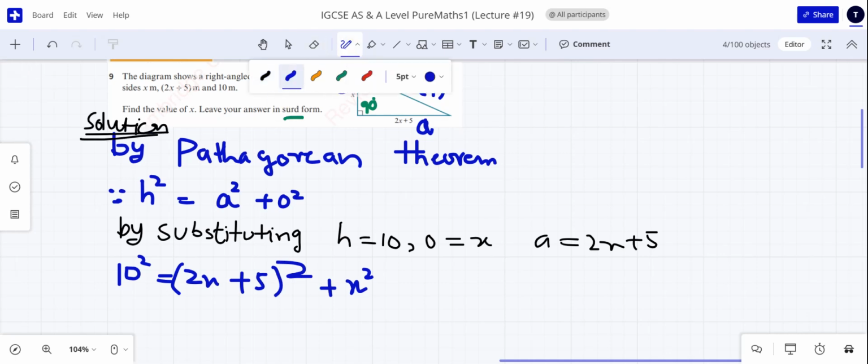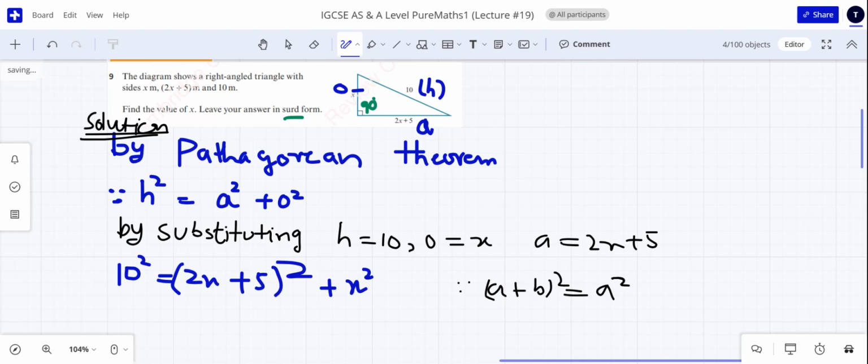Here we will use the algebraic formula: (a plus b) whole squared equals a squared plus b squared plus 2ab. This algebraic formula we will use here.